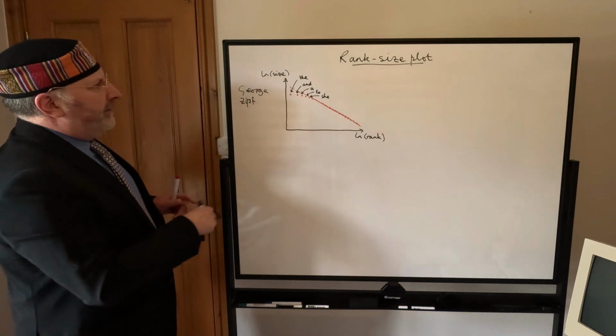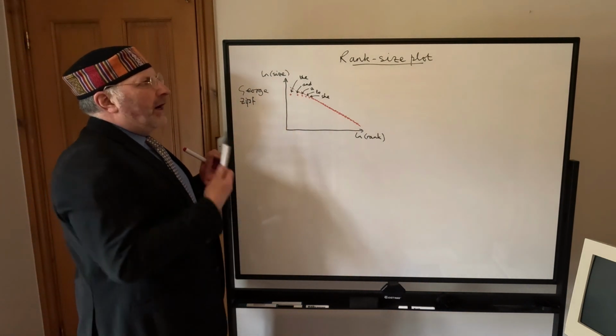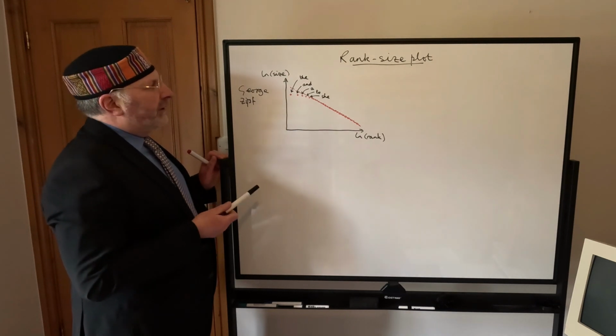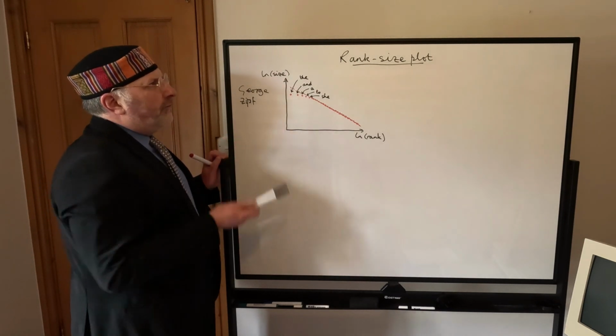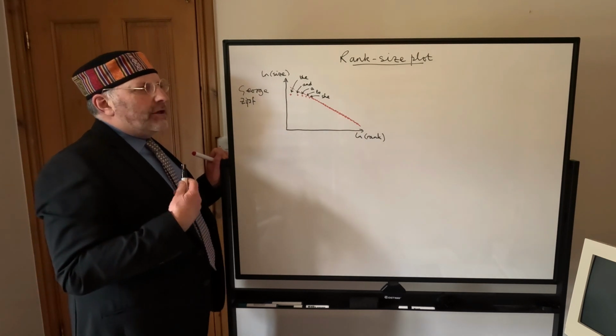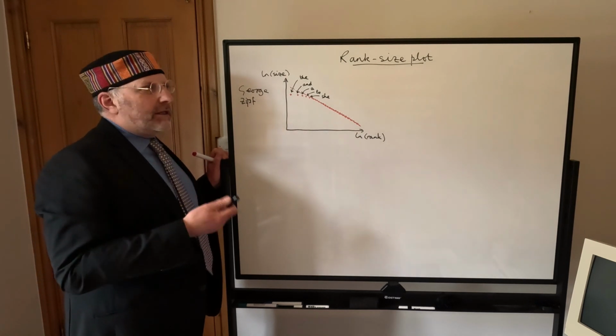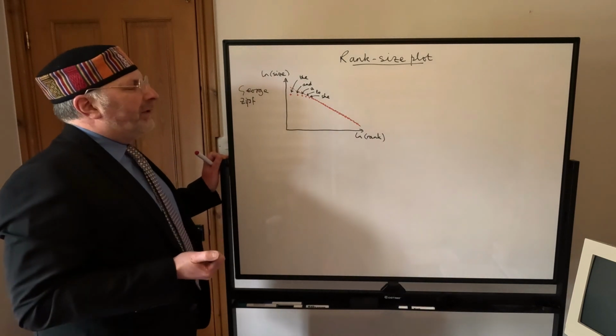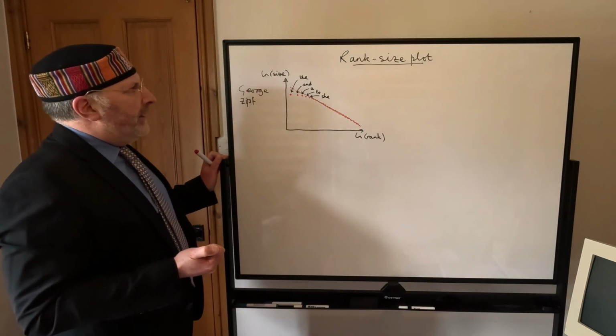He died in the early 50s, fairly young, I think. He was only in his 40s. And he did a lot of work on power laws in language and also in cities, the population sizes of cities.